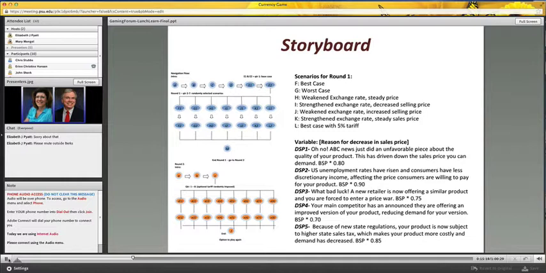Another scenario deals with the sales price. Well, why? The prices could go up, they can go down. One possibility of a price going down is there's new competition. A perfect example today would be looking at an iPhone and Samsung coming out with a new product. Increased competition, perhaps a better product, all of a sudden you find that your product has to have its selling price reduced.